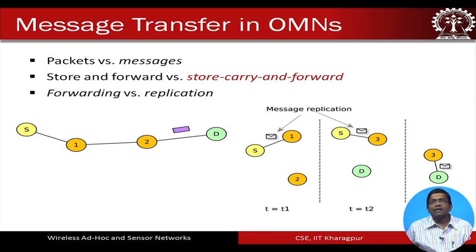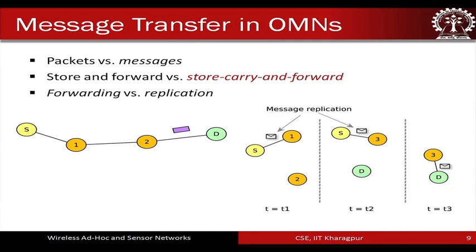On the right hand side, at time instant t equal to t1, the sender node S sends a message to node 1. At a later time instant t equal to t2, S sends a message to node 3.